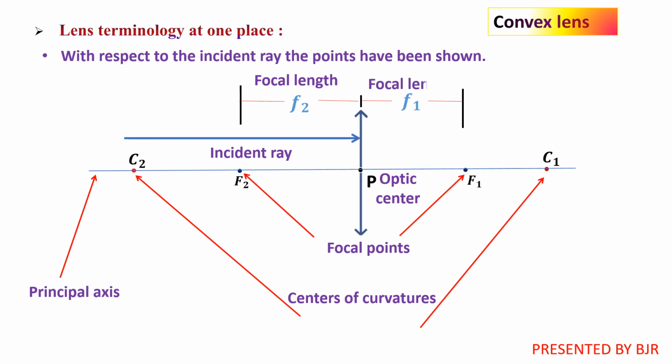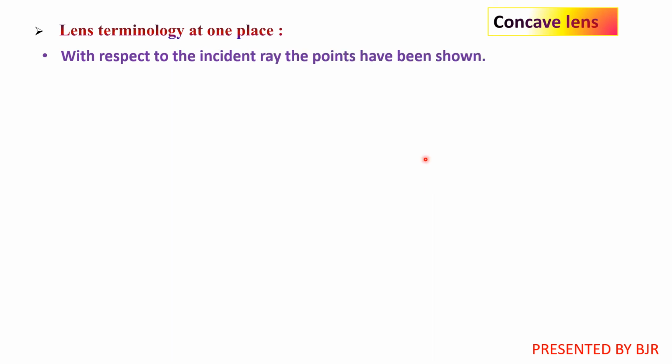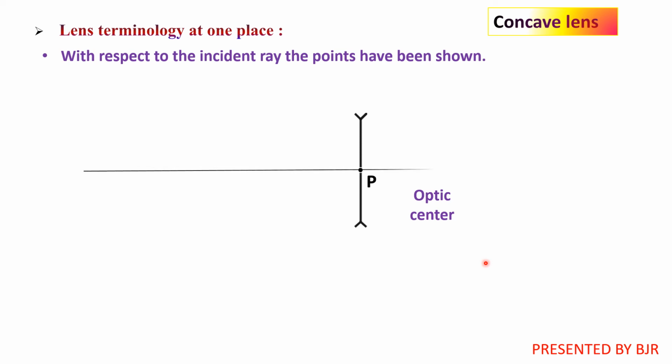Focal length. The same terminology I am showing for concave lens at one place. Lens terminology at one place in case of concave lens. With respect to the direction of the incident ray, the points have been shown here. This one, you know, it is the concave lens. P is the optic center.